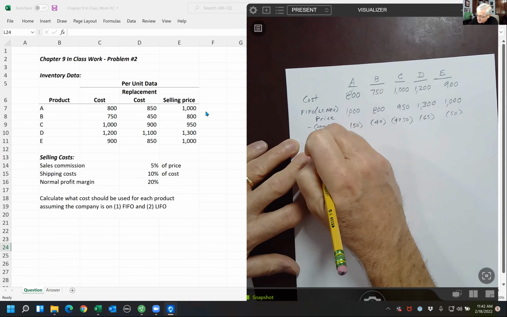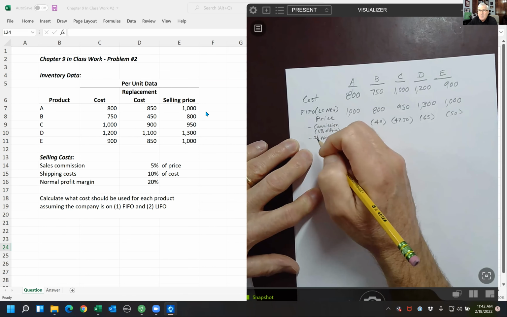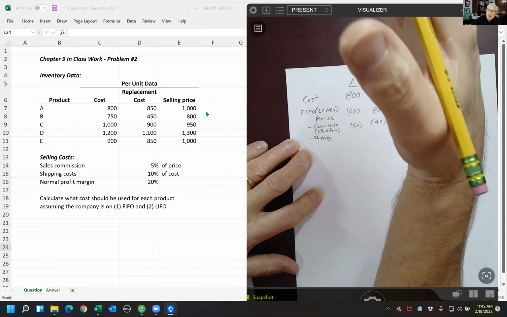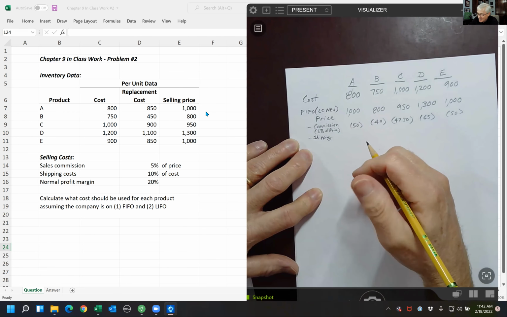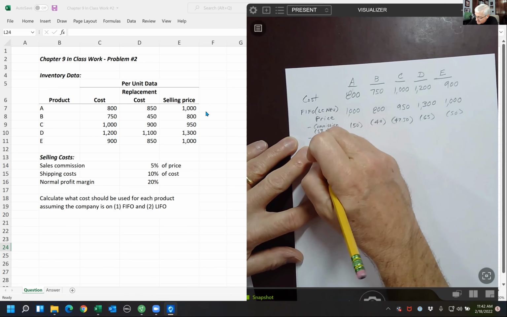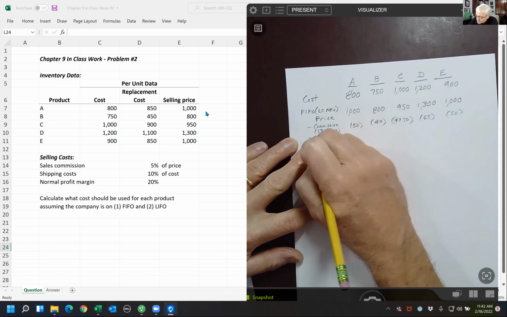Minus shipping. These are all the costs we're going to incur in the future to sell this product. So that's what's going to be the net realizable cash price minus the cost to be able to sell it. And the shipping is listed at 10% of cost.